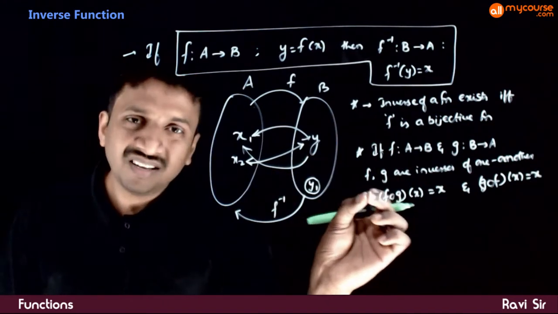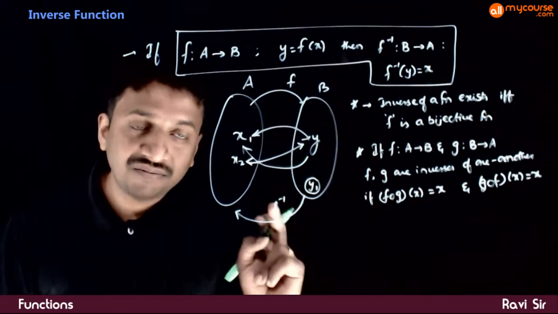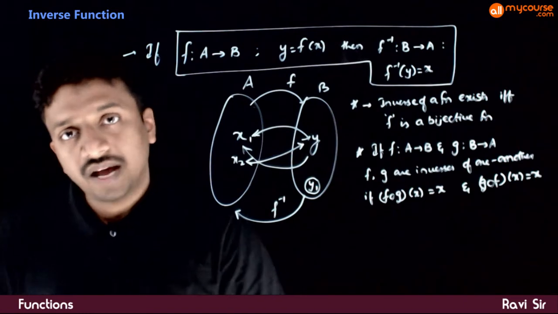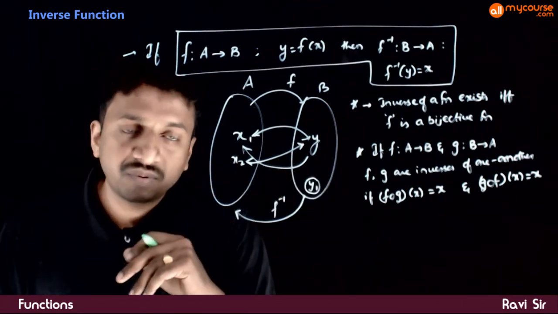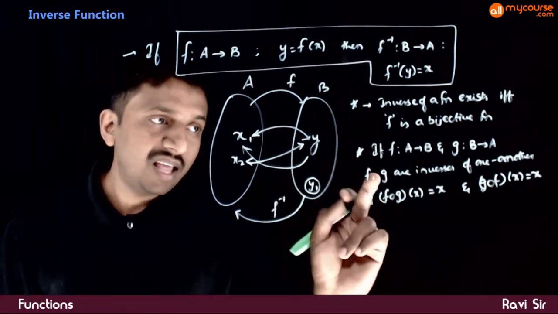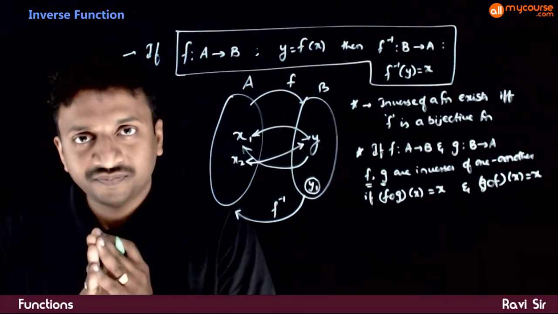That is, if the composite function of f and g is an identity function, both in the forward direction as well as the backward direction. FOG as well as GOF are identity functions, then f and g are inverses of one another.